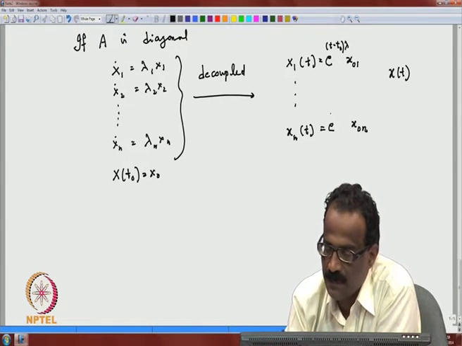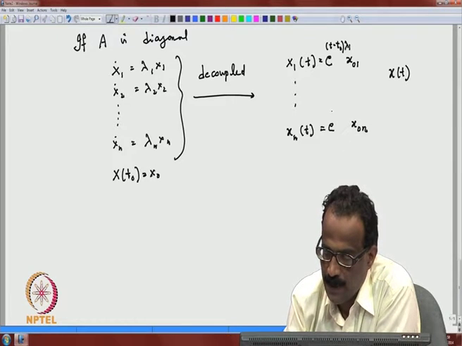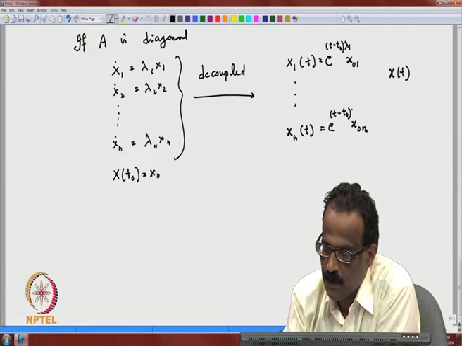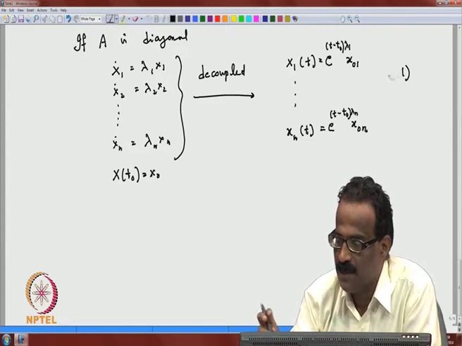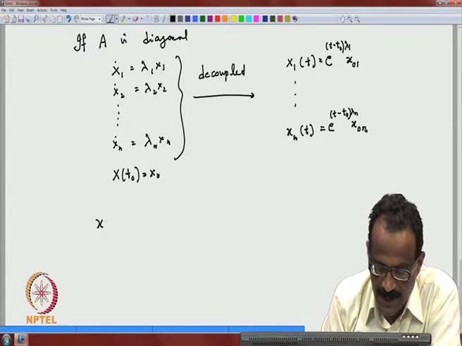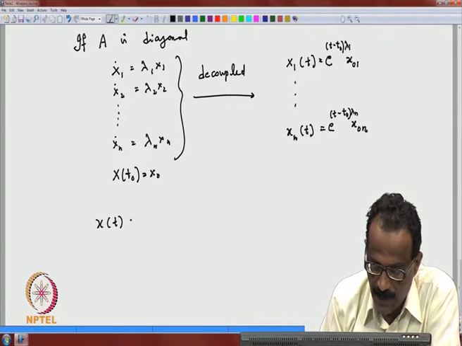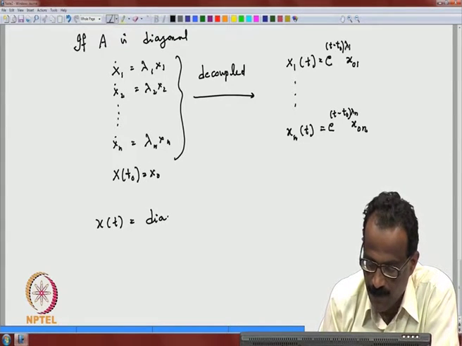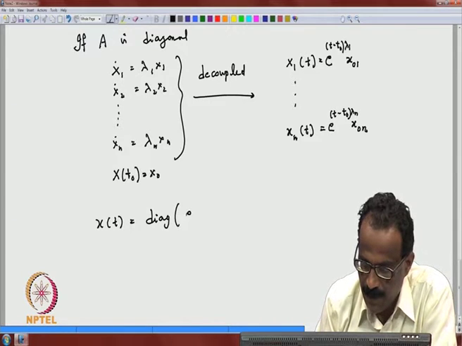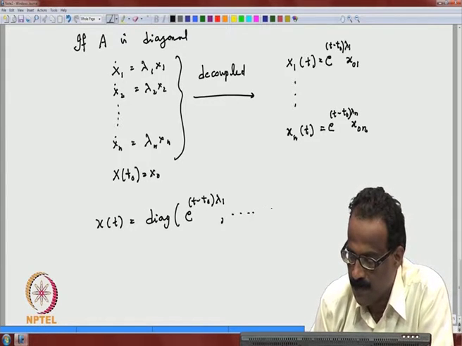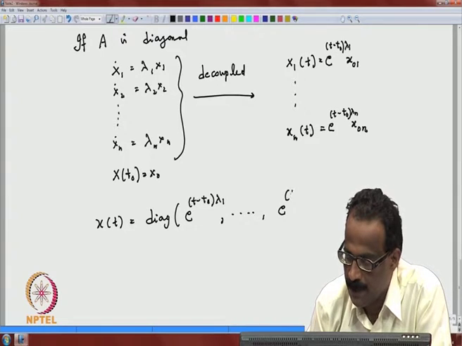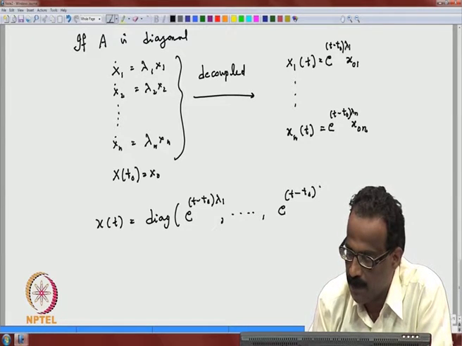This is what I wrote for the initial value at the origin into lambda n x naught. This is just a multiplication. So, if I write these solutions, you have your x t is nothing but the diagonal of e power t minus t naught lambda 1 with entries up to e power t minus t naught of lambda n.